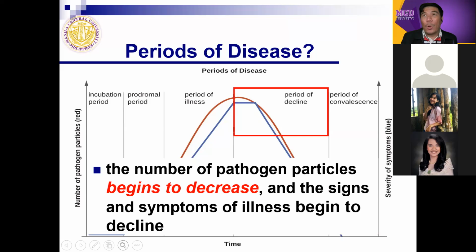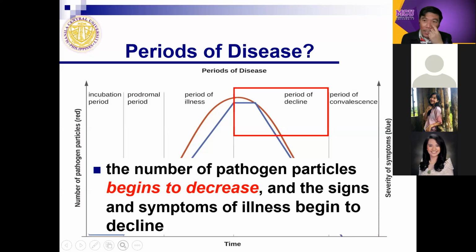Just like, for example, certain periods for measles and chickenpox. These are cases that may not require hospitalization, because there is a certain period that once it reaches the period of illness, it will automatically lead to the period of decline.